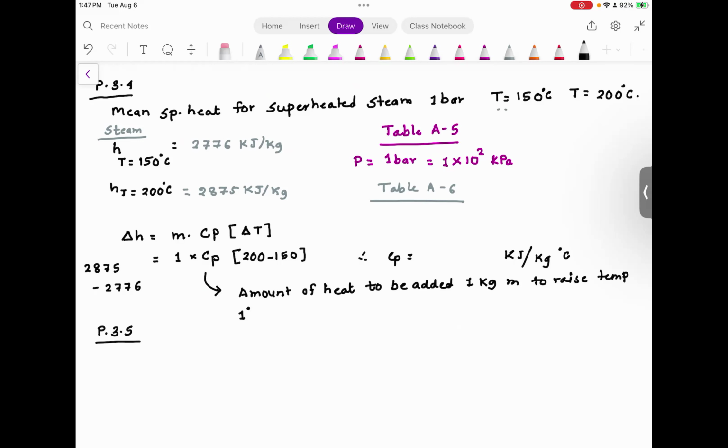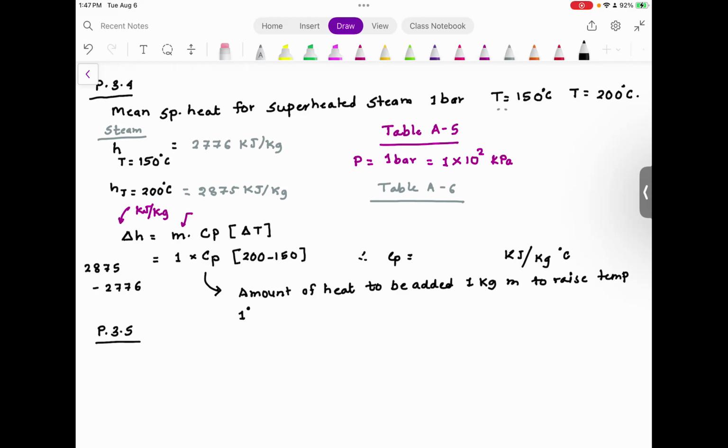If you look at the unit of delta H, you can see it is kilojoules per kg. So on the right hand side, this has to be 1, because it's an average specific heat.